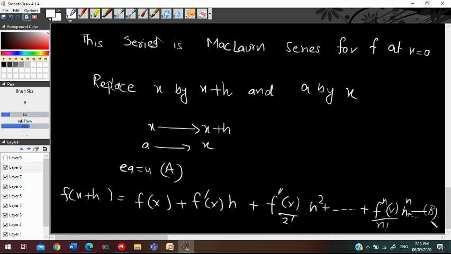So this is your equation number B, and this expansion which I have written in equation number B is termed as Taylor theorem.